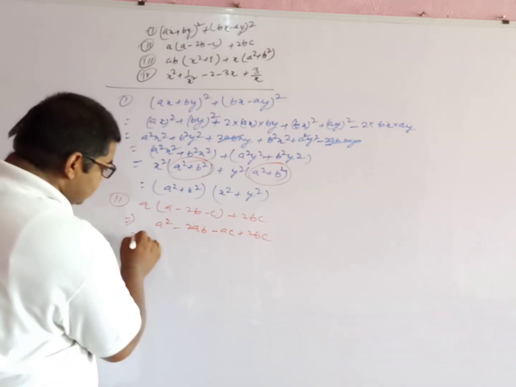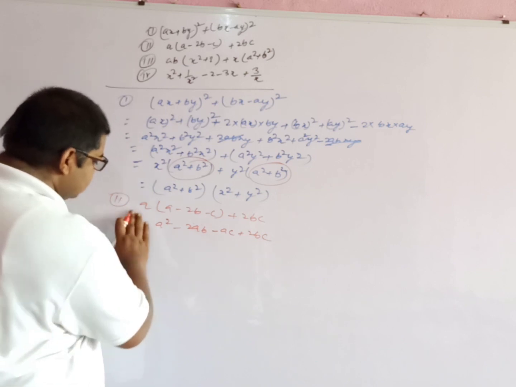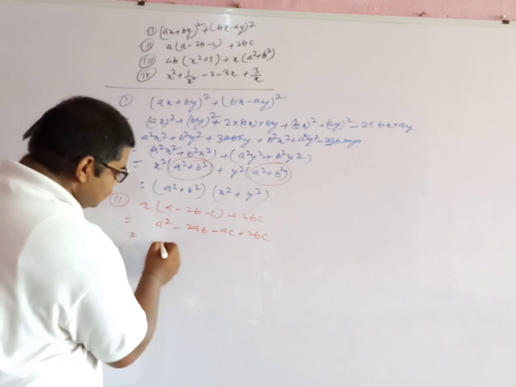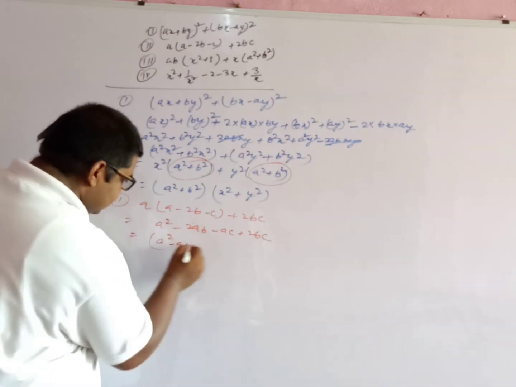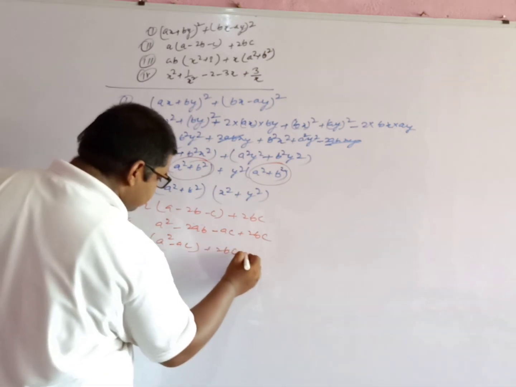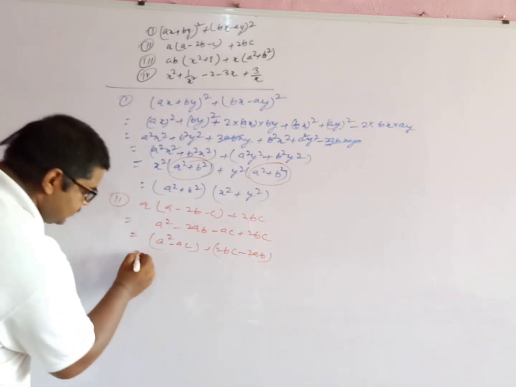And you have to just rearrange them. If you rearrange, then what do you get in this case? You have to arrange a square minus ac and then 2bc minus 2ab.